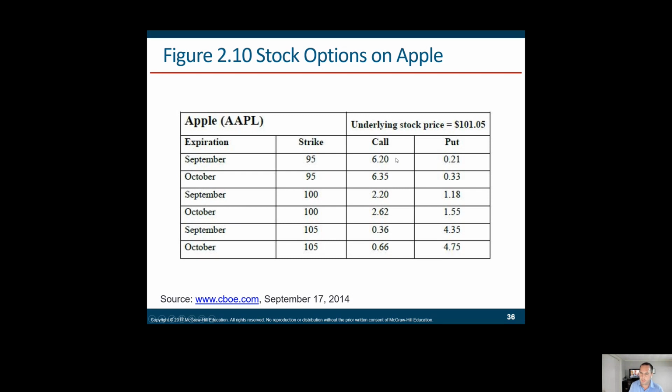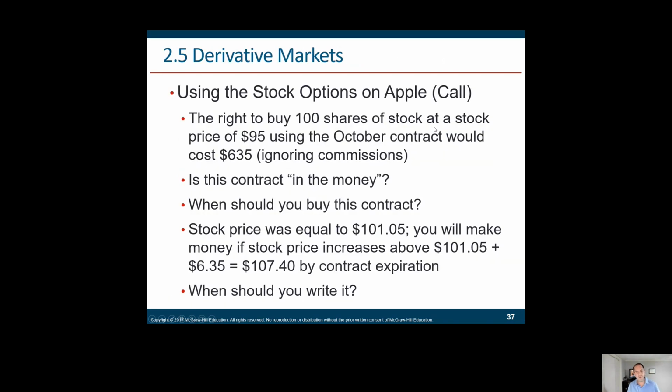You can also sell a call option. If you want to sell a call option, that can reduce the risk in your portfolio. But again, I discussed the options in much greater detail in that supplemental slide. So I just walked you through this. The right to buy 100 shares of stock at a stock price of 95 using the October contract would actually cost 635. The call option price is multiplied by 100 because an option contract is representative of 100 shares.